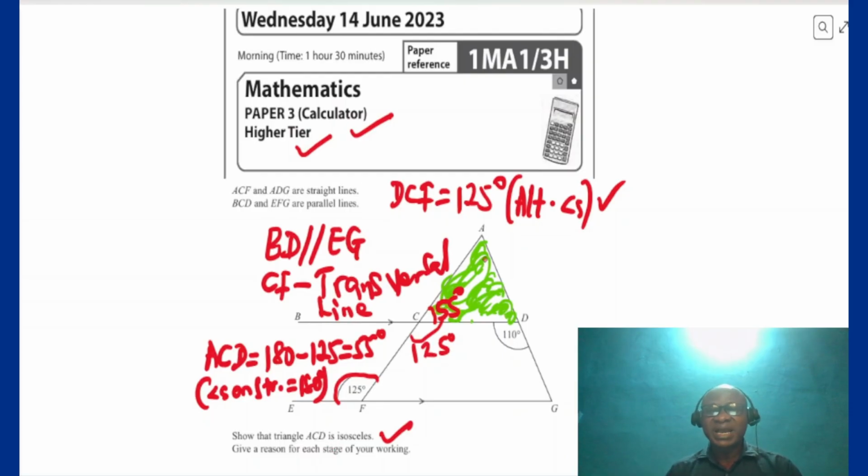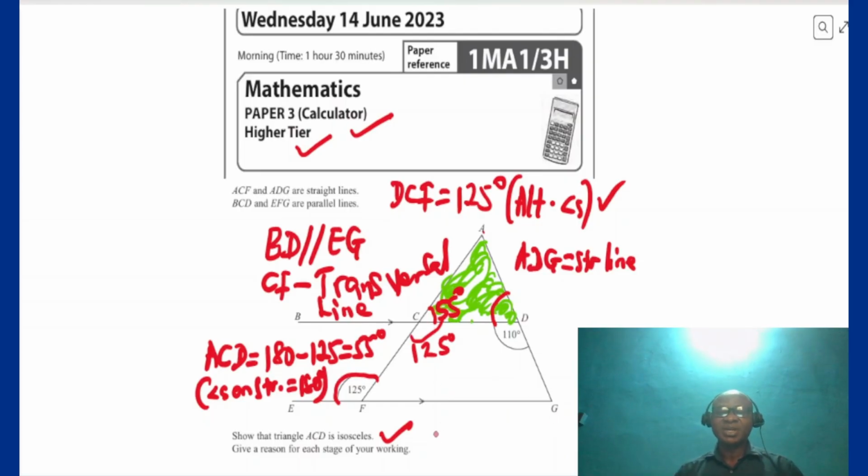I want you to see that ADG is a straight line. Therefore, the sum of these two angles, angle ADC plus angle CDG, must be equal to 180.